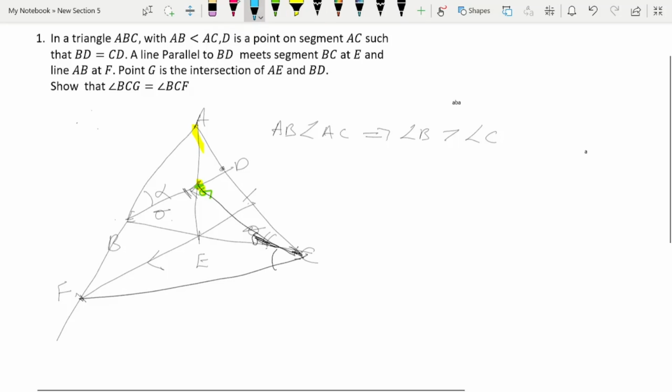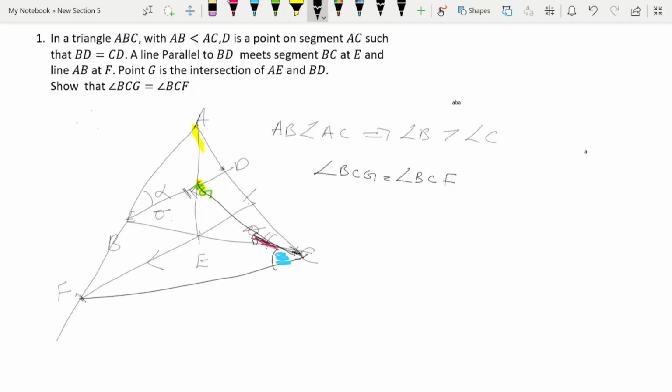Let me mark it. Let's make this one blue, and let's mark the other part, BCG, as red. So we should show that BCG equals BCF. This is what we want to show.